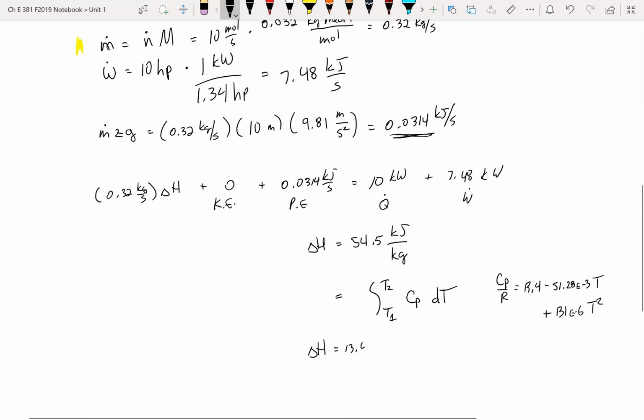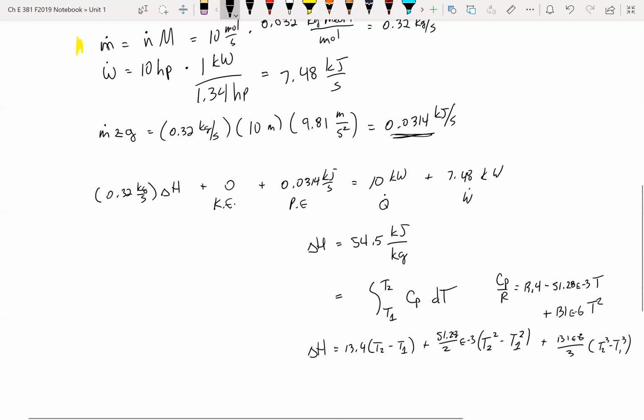So that's going to be 13.4 (T2 minus T1), plus 51.28 over 2 times 10 to the minus 3 (T2 squared minus T1 squared), plus 131 times 10 to the minus 6 over 3 (T2 cubed minus T1 cubed).